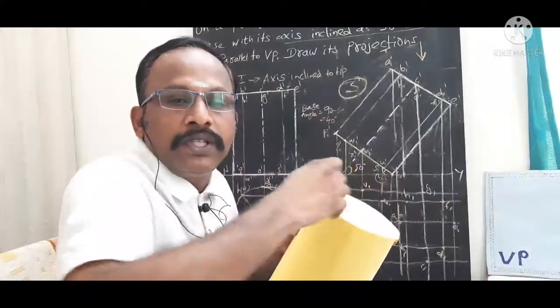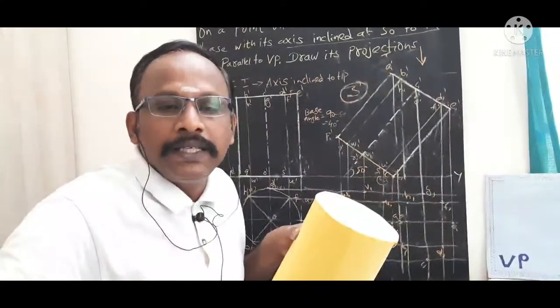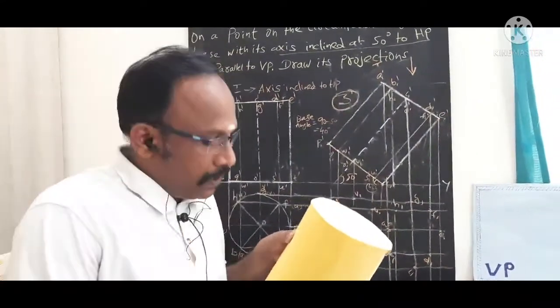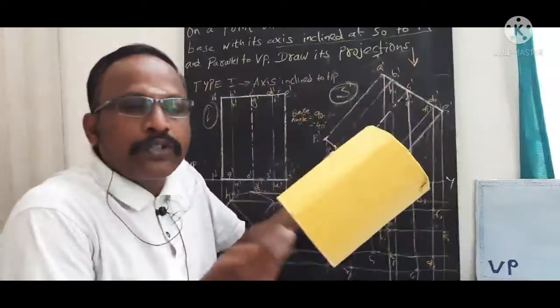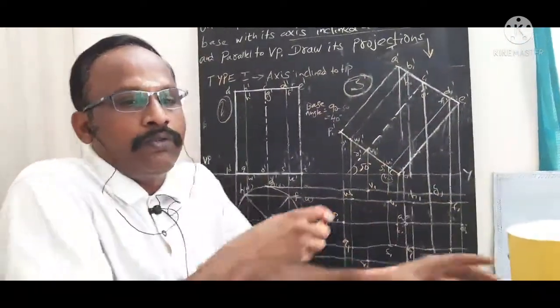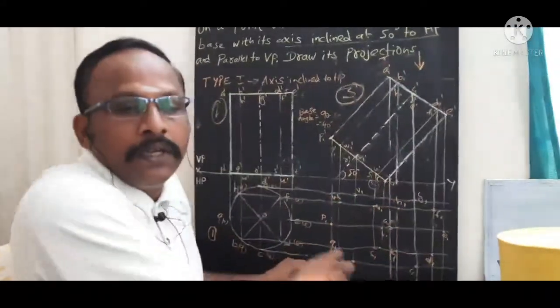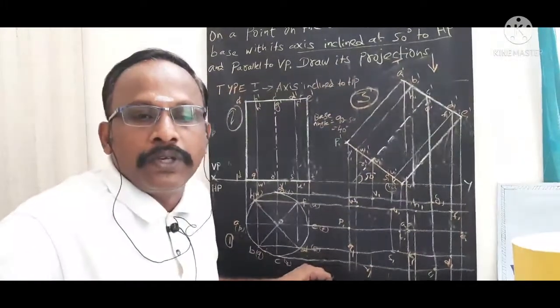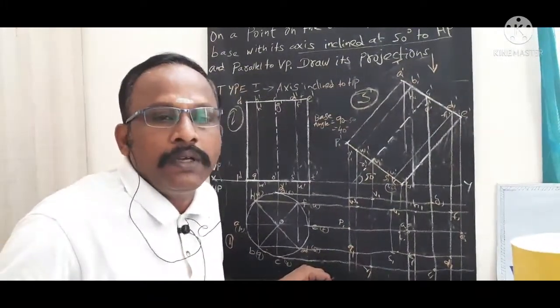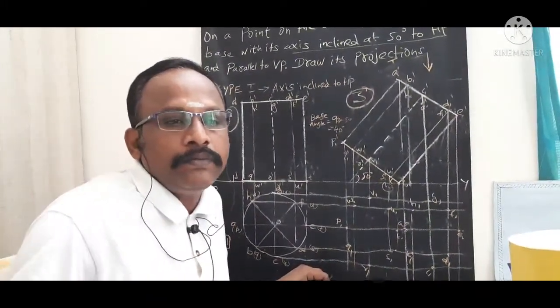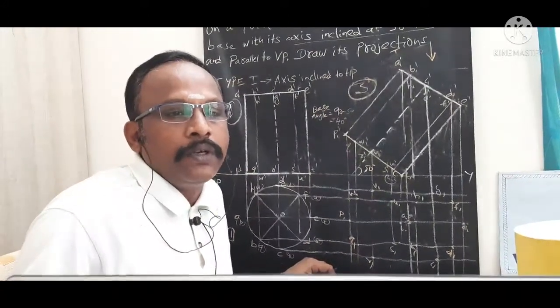So you need to draw this top cylinder as an ellipse first, then the bottom cylinder, where one half portion is visible. Now we need to draw the top portion first.